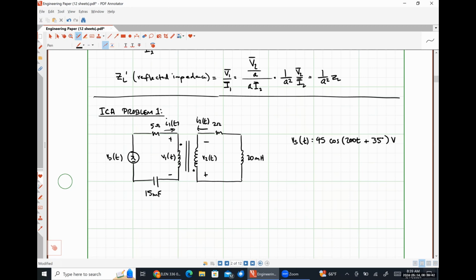So I want us to find our primary voltage, secondary voltage, primary current, and secondary current using the relationships that we have just come up with.